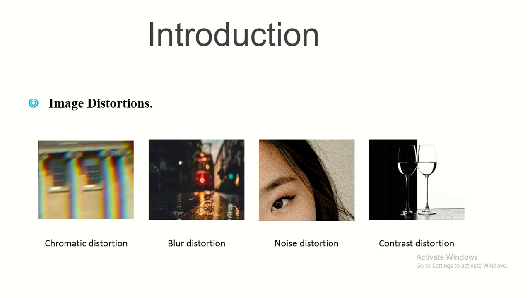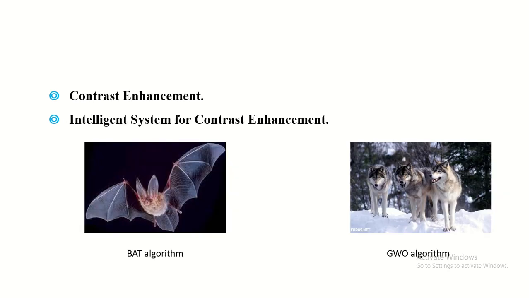For the introduction, there are different distortions you get in an image, like chromatic distortion, blur, noise, and contrast distortion. In this paper, we focus on improving image contrast. There are several traditional techniques used for improving the contrast of an image, such as histogram equalization, adaptive histogram equalization, and contrast limited adaptive histogram equalization.